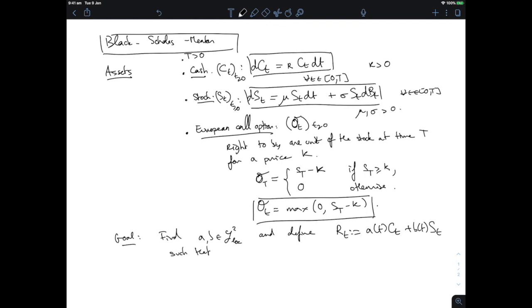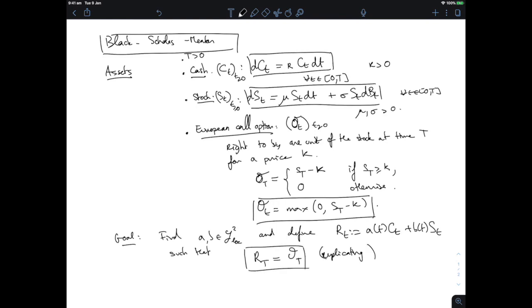two things. First of all, at time capital T, its value is the same as the value of the call option. That is to say that our portfolio is indeed replicating for the call option.